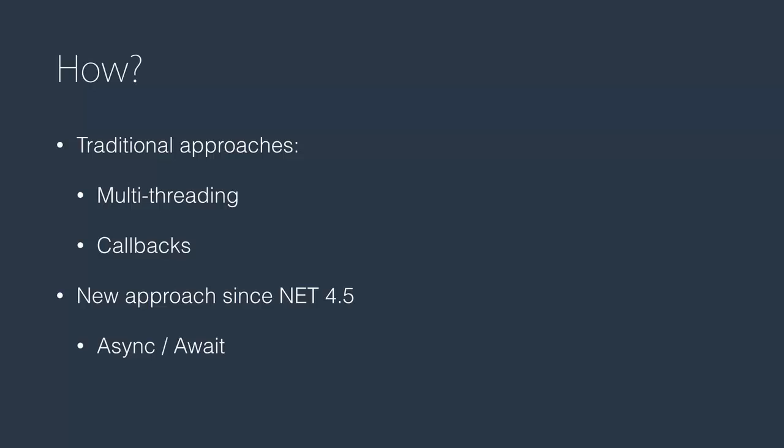Both these approaches are complex to learn and understand. So in .NET version 4.5, Microsoft introduced a new asynchronous programming model, which is called task-based asynchronous model. And we achieved that by using async and await keywords. And that's the topic of this lecture. So let's jump into Visual Studio and learn about async and await.